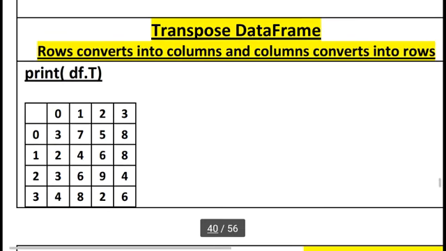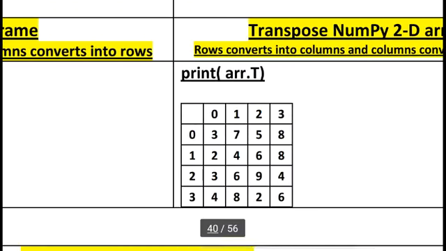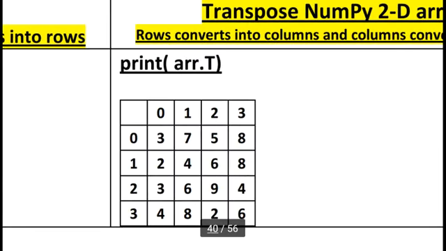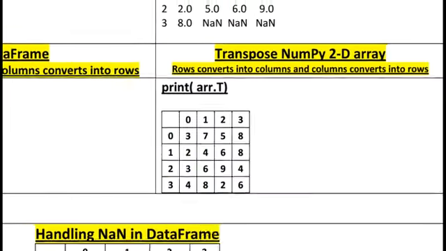But directly we can use the same thing, df.T. So rows are converted to columns, columns converted to rows, transpose. And the same thing we can write as array.T. Here T is capital, it is compulsory. Okay.